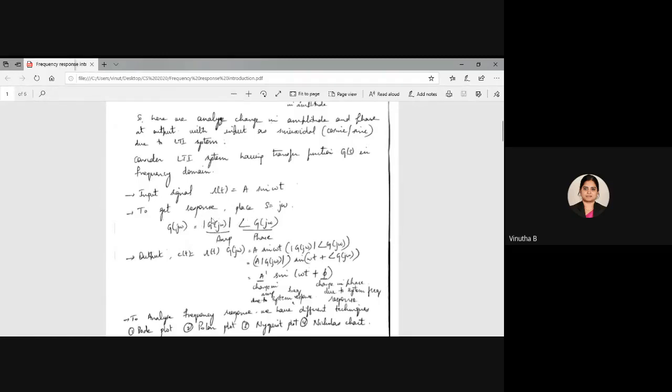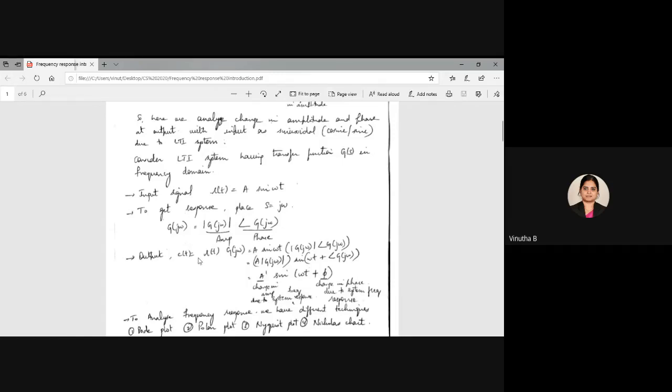So how is amplitude defined here? Mod of G of j omega, that is the modulus. And the angle is defined like this, the phase angle, which is angle G of j omega. So two factors are very important which we are going to study and which give the frequency response analysis of the control system.